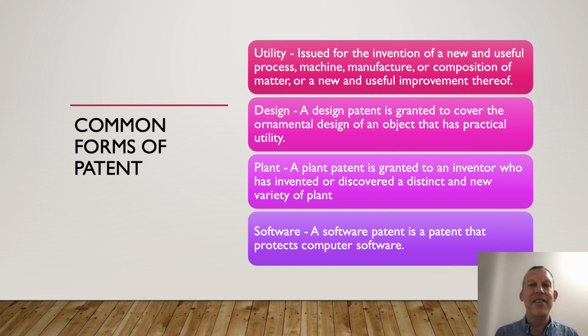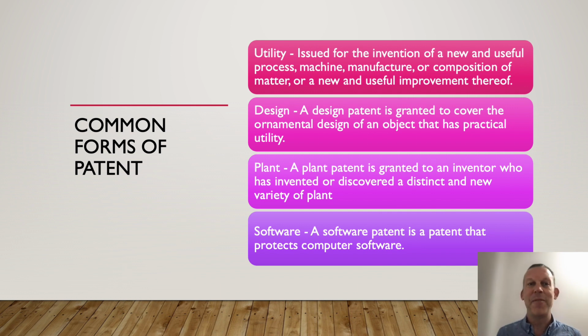These are granted to cover the ornamental design of an object that has a practical utility. These last 2 are fairly related in a way. They're very specialized. A plant patent is for a new type of seed that might grow a new kind of flower or a new type of grain that is more pest resistant, for example.